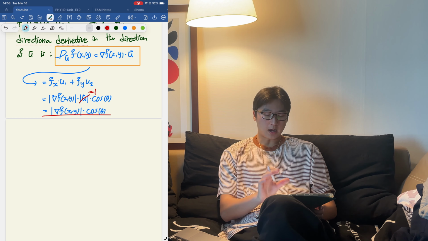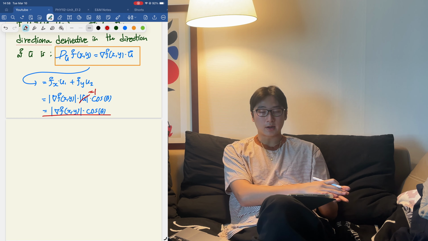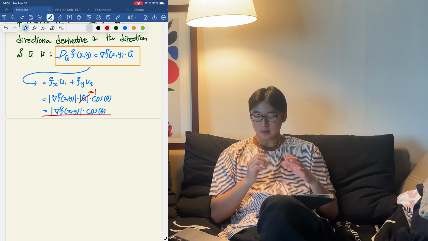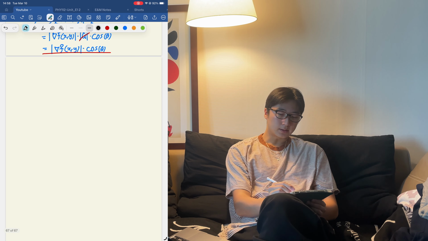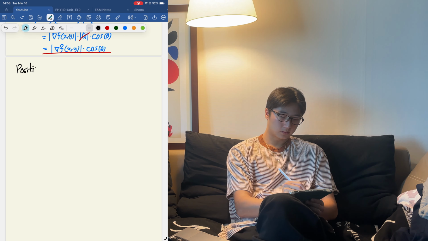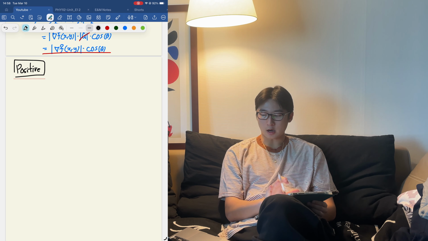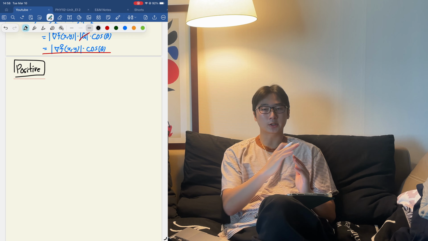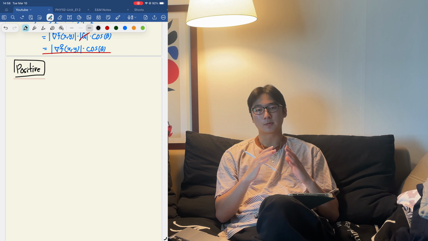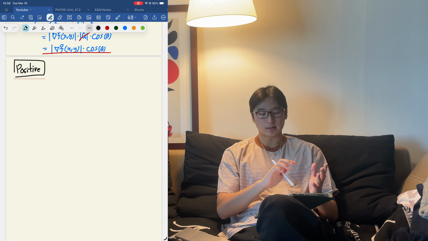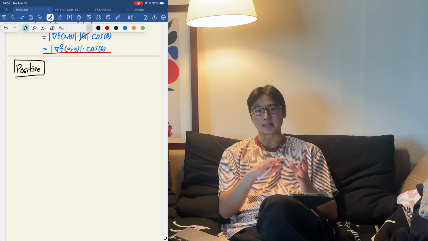So the number the directional derivative gives us has meaning. If the number is positive, that means the function increases. Remember, when a derivative gives us a positive value, then the function increases, right? It's the same mechanism.